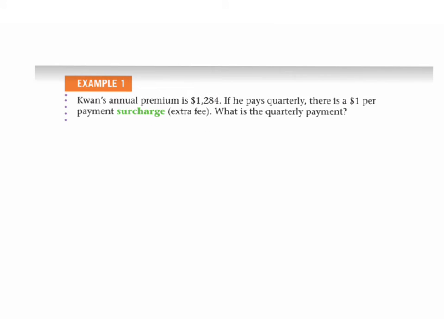Here's example 1. Quan's annual premium is $1,284. If he pays quarterly, there's a $1 payment surcharge, or extra fee. What is his quarterly payment? Well, we would divide 4 into 1,284, and it goes $321.